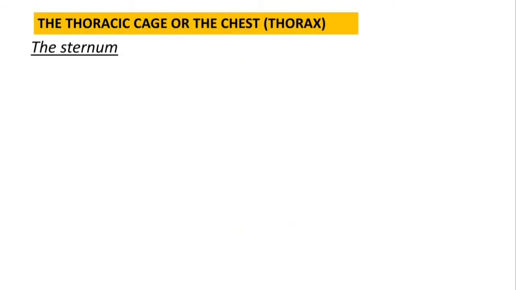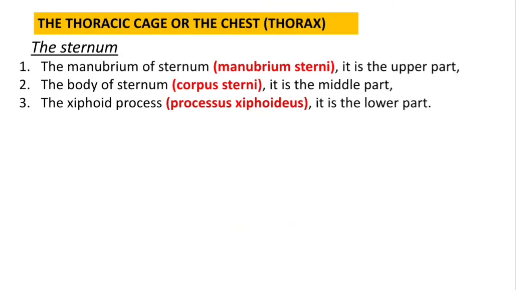Okay, so let's start with the sternum. The sternum, also known as the breastbone, has three parts. The manubrium of the sternum, that's manubrium sterni, which is the upper part. The body of the sternum, that's corpus sterni, which is the second and middle part. And the xiphoid process, processus xiphoideus, which is the lower part, also known as the xiphisternum.